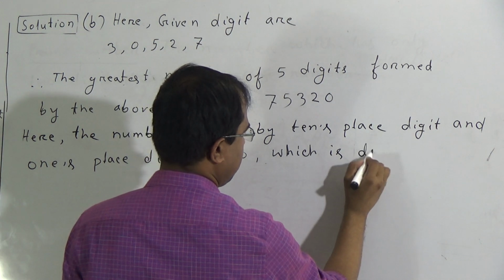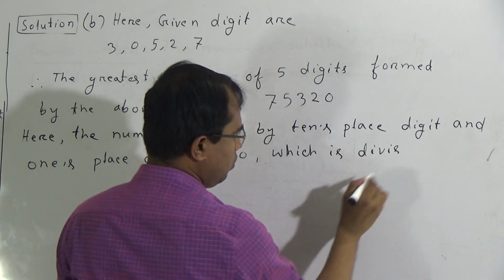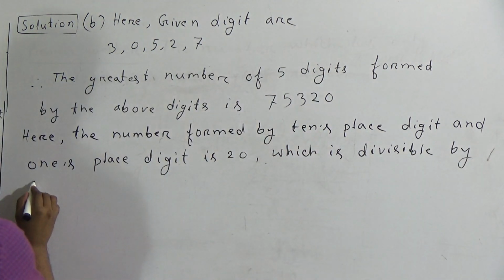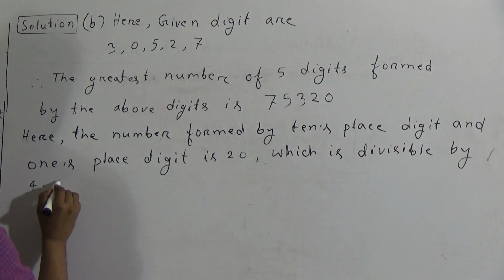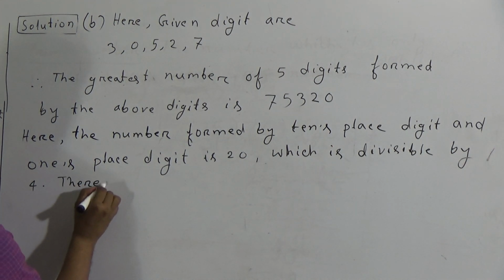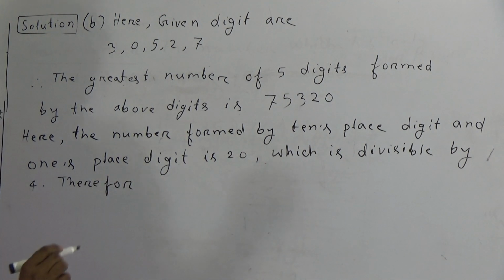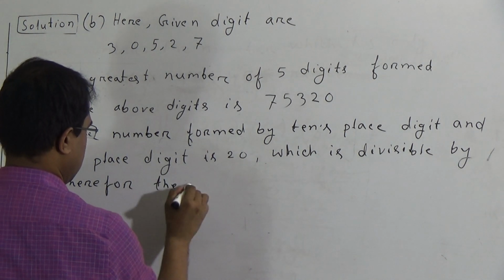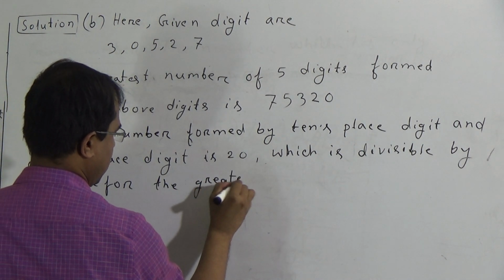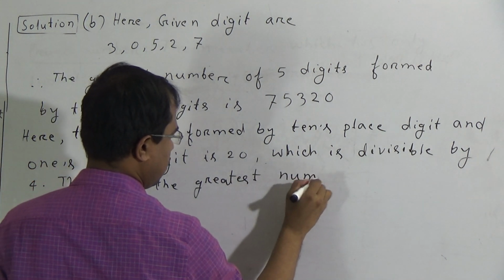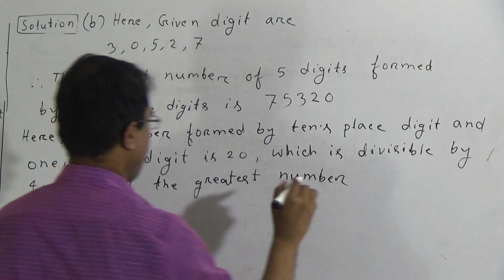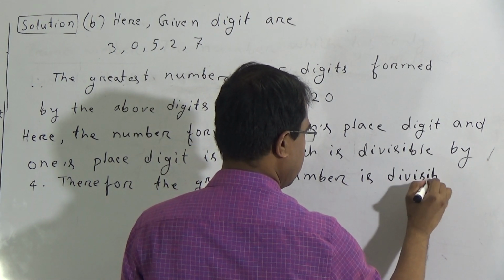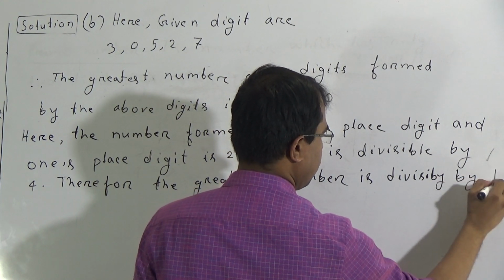Therefore, the greatest number is divisible by 4.